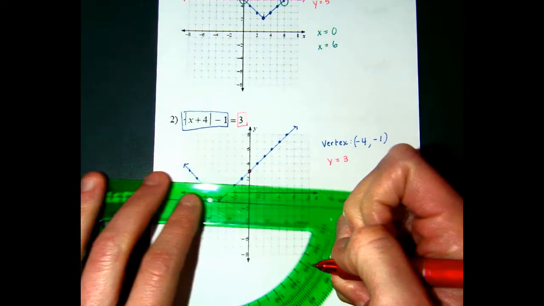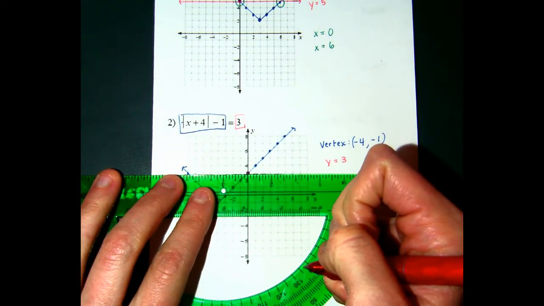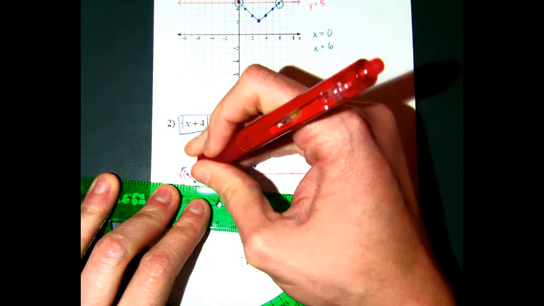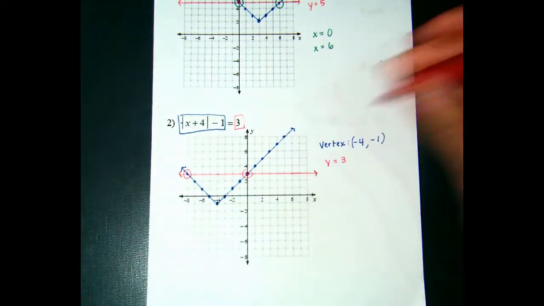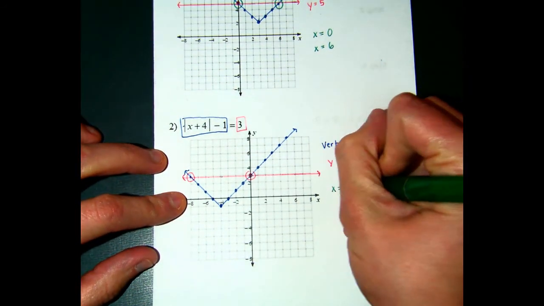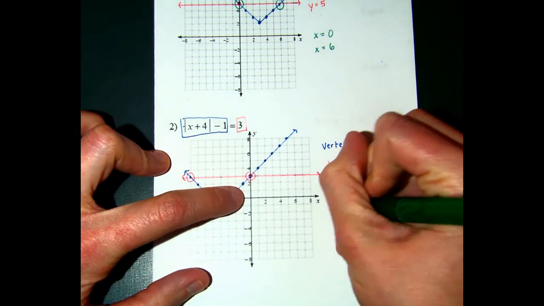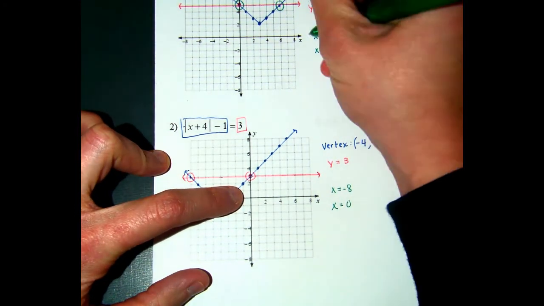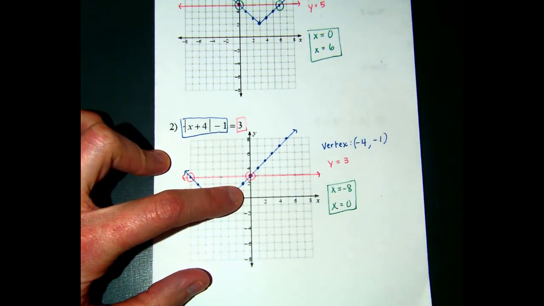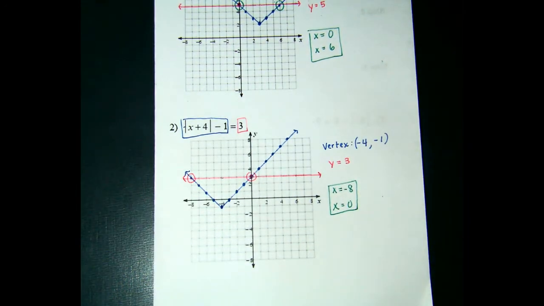We're going to draw a horizontal line. And I've got my two solutions again, when x is -8 and when x is 0. So I've got two solutions for each of these.